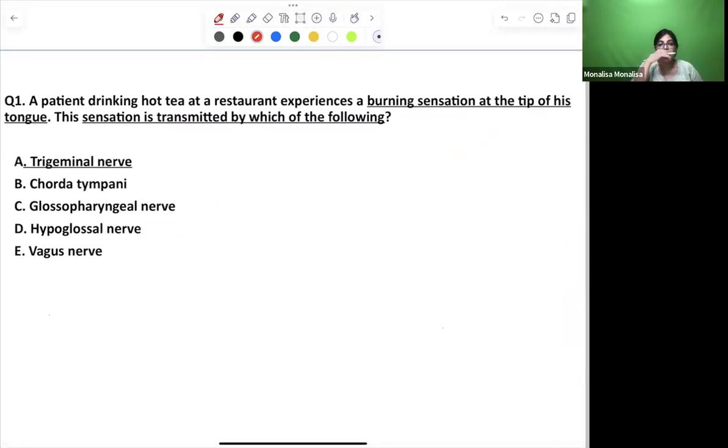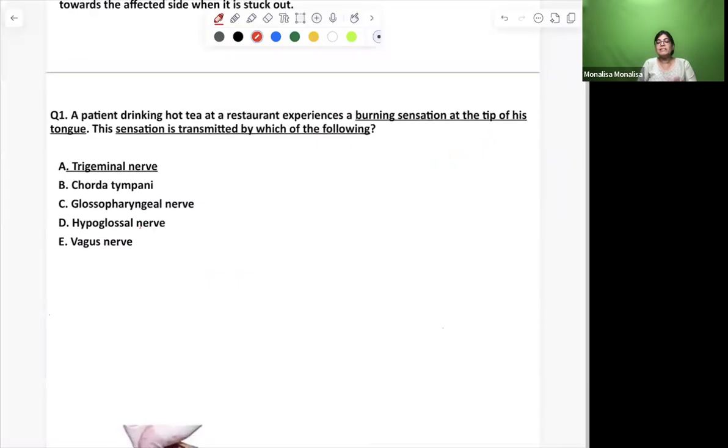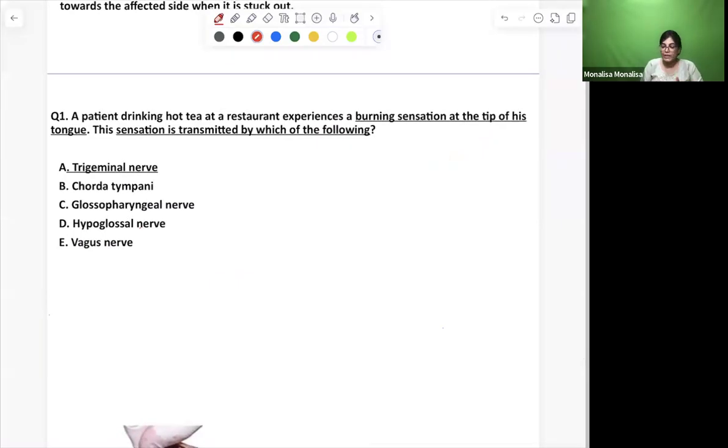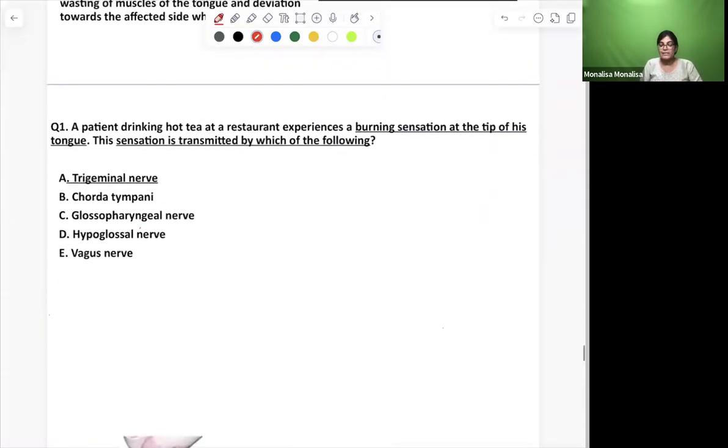Now, a patient is drinking hot tea. Hot tea means general sensation. Can you tell me general sensation of the anterior part of the tongue is given by which nerve?